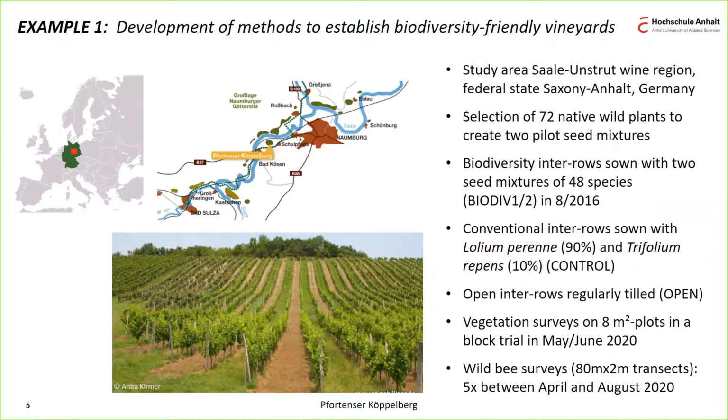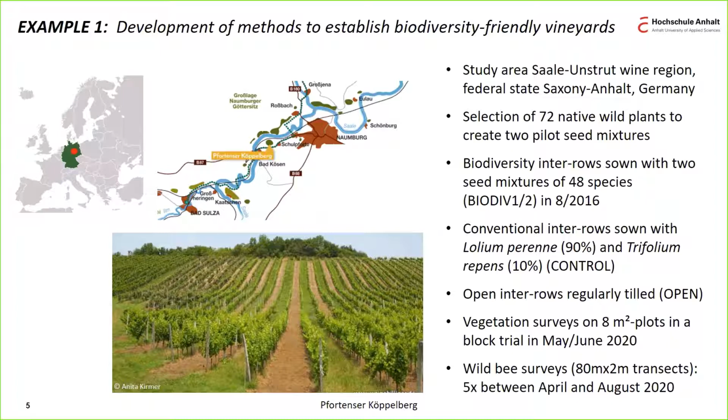Viticulture is one of the most intensive agricultural crops. This is why we chose these systems to enhance biodiversity. In the Saale-Unstrut wine region, we tested 72 native wild plant species for their ability to cope with vineyard conditions.